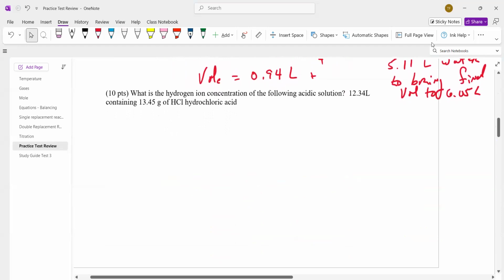What's the hydrogen ion concentration of the following acidic solution? Okay, we have 12 liters and 13 grams of hydrochloric acid. And remember, hydrochloric acid is a strong acid.